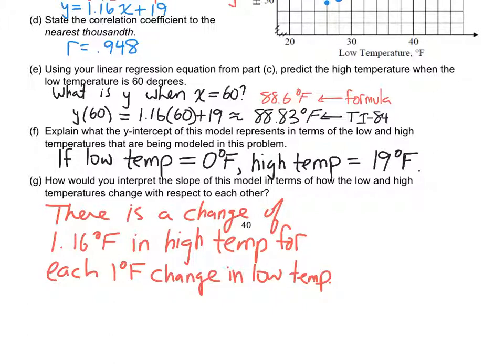So this value here gives us a sense of what the relationship between corresponding low temperatures and their resulting high temperatures would be. So pretty interesting stuff, and also a little mind-bending when it comes down to the slope.